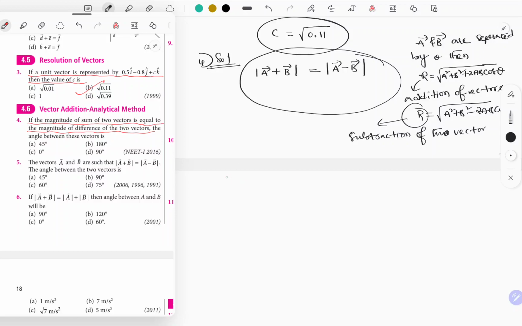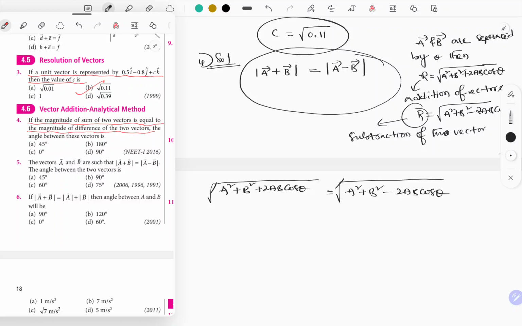Left side, the magnitude of the addition of two vectors is equal to root of a square plus b square plus 2ab cos theta, which is equal to root of the magnitude of the difference of the vectors, a square plus b square, not plus, you are going to get minus 2ab cos theta.